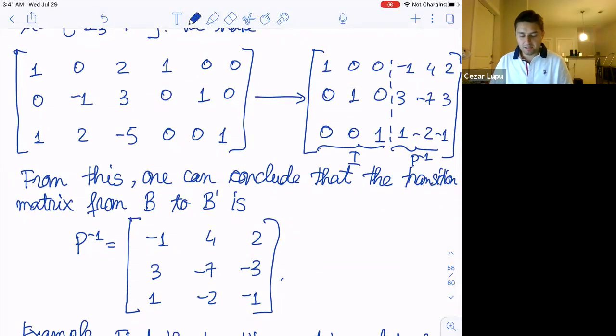That's pretty straightforward. So the transition matrix from B to B prime is nothing else than just this 3 by 3 matrix right here: -1, 4, 2, 3, -7, -3, and 1, -2, -1.